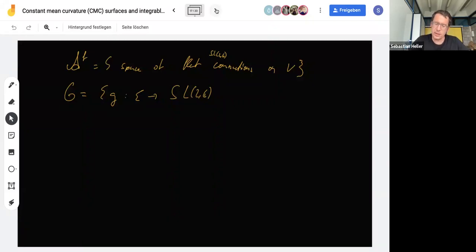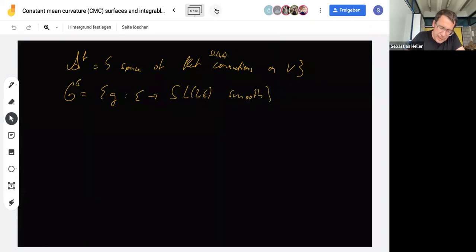Of course, one has to think about which topology on this infinite dimensional space is appropriate, and what kind of regularity for the maps we consider. There are different possible approaches, but let's just think we look at smooth maps here. Let's denote this by the complex gauge group.